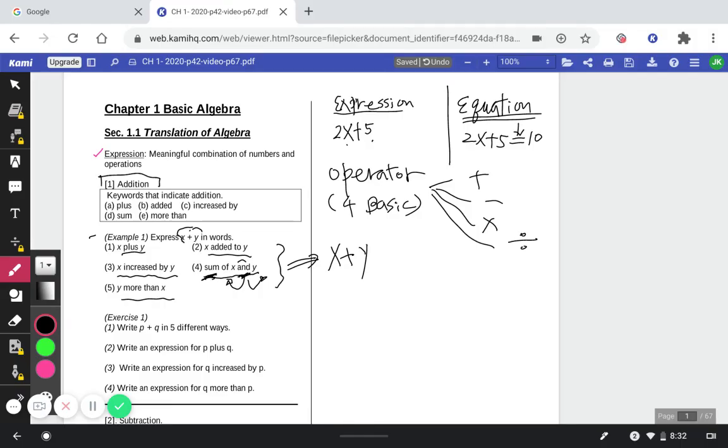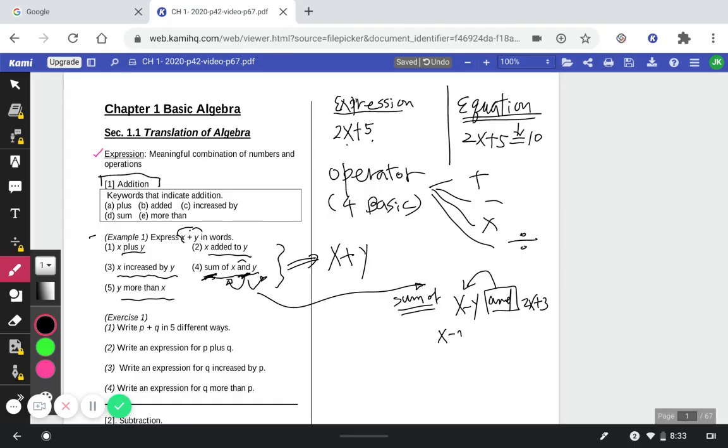So in case you see a sum of x minus y and 2x plus 3, when you see the sum, you look for the 'and'. What expression do we have before the 'and'?